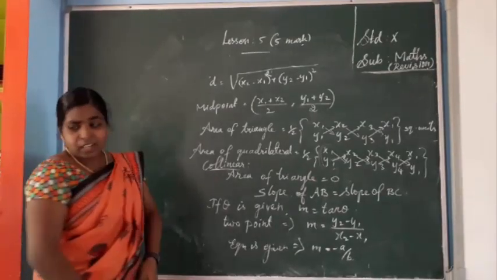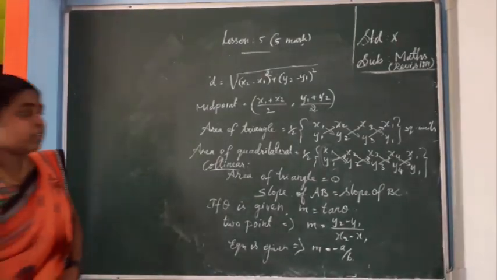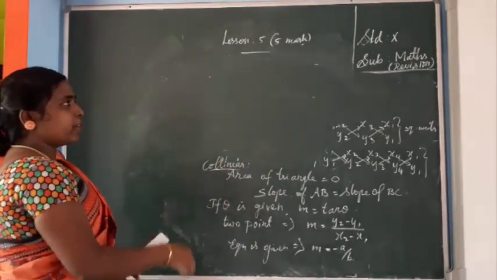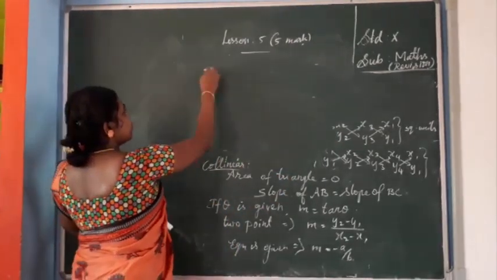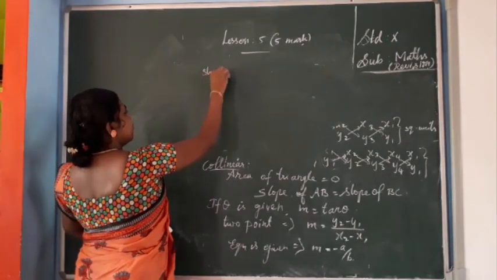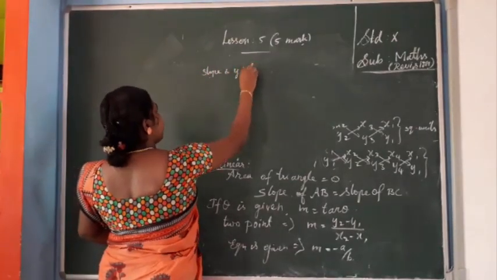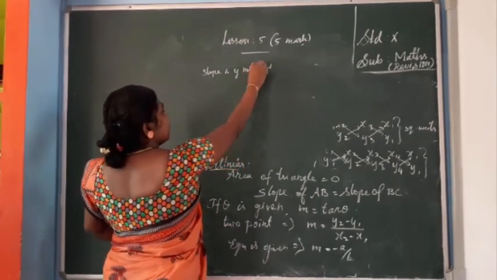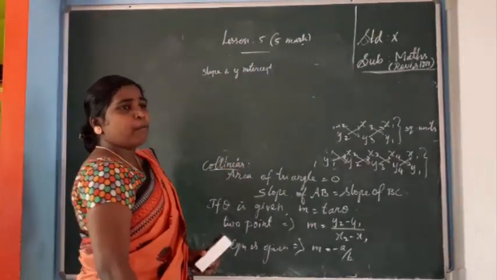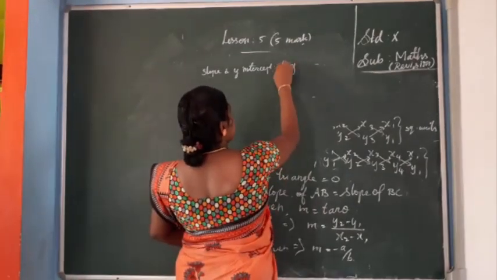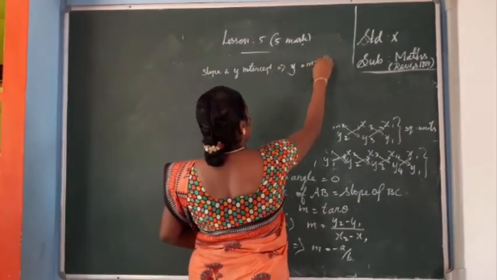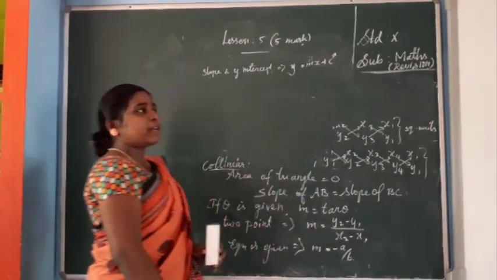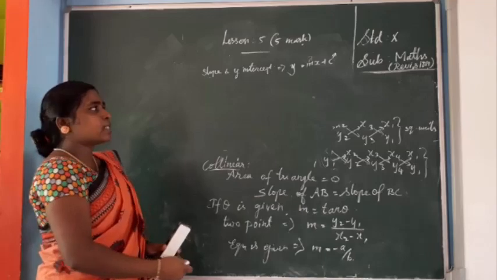Then here we can see the equation. Equation also has 4 types. First, slope and y-intercept given means slope intercept form, y equal to mx plus c, where m denotes slope and c denotes y-intercept.